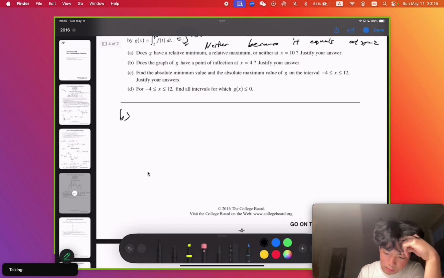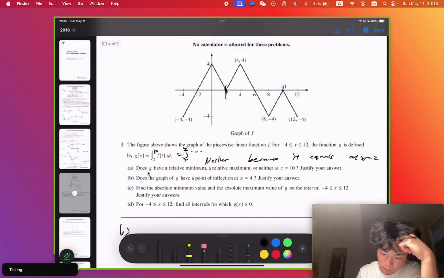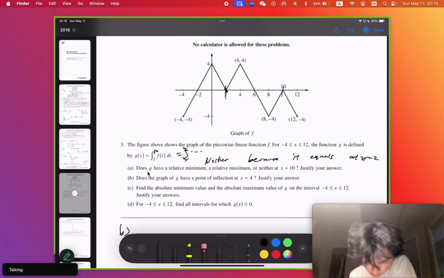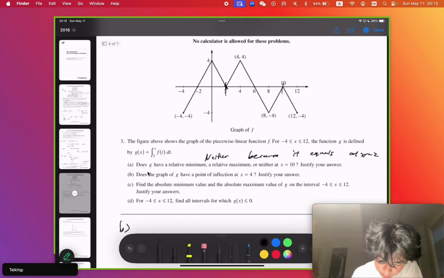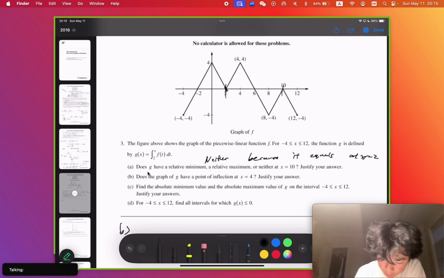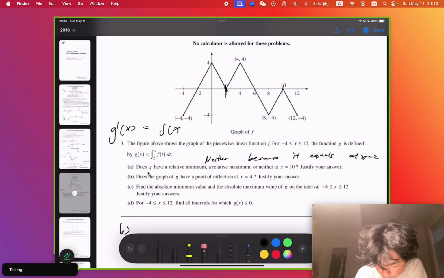All right, B. Wait, is this a good answer? Let me see. Let's do the candidate test. If you take the derivative of g(x), g'(x) is basically f(x).